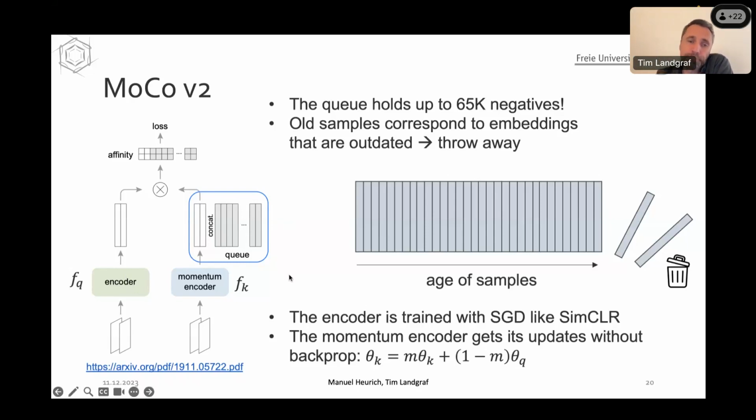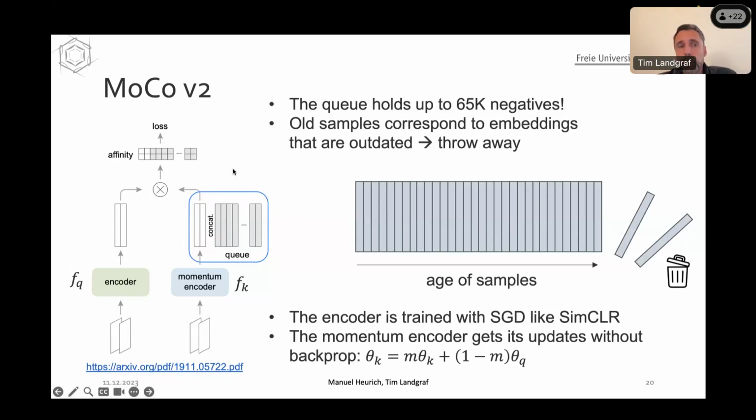So we update our momentum encoder by this beautiful little mixing equation, and we keep a long list of, let's say, 65,000 samples as negatives, and then basically do the same as SimCLR.